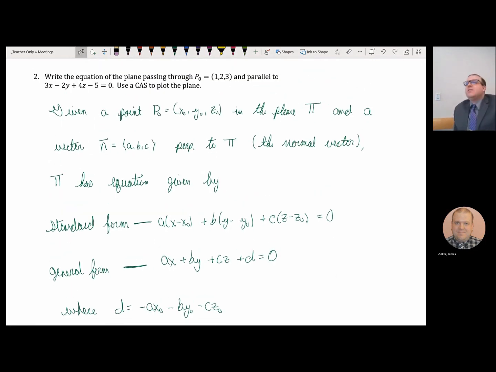Well, for this plane, we're given a point. So the plane passes through that point, which means P naught is in our plane. We are not given a normal vector. Or are we?